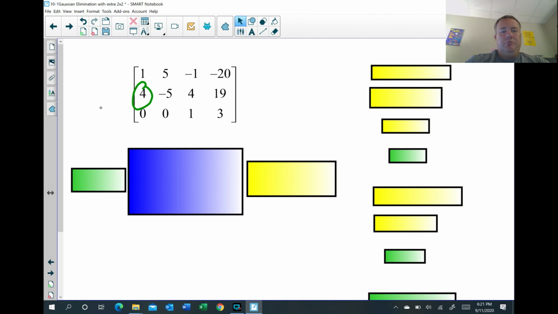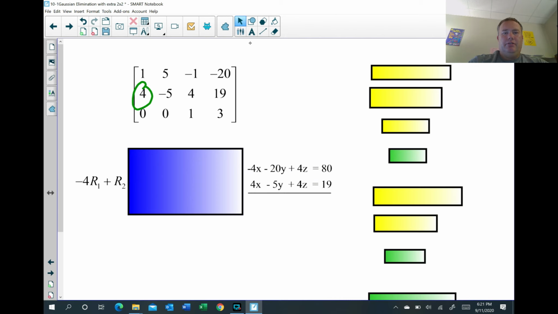Common multiples would be 4. So we got to make that 1, we got to make it a negative 4. So it's multiplying by negative 4. And again, if I multiply row 1 by negative 4, it looks like this. Okay? This is what it looks like. And what I like to do here is go through and do the addition or subtraction.